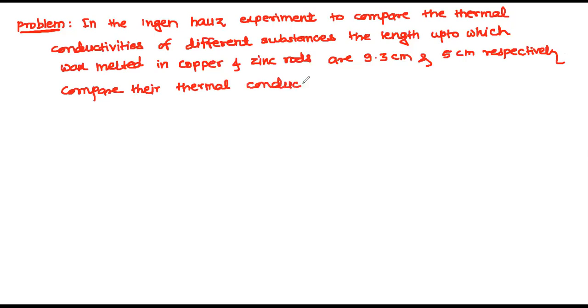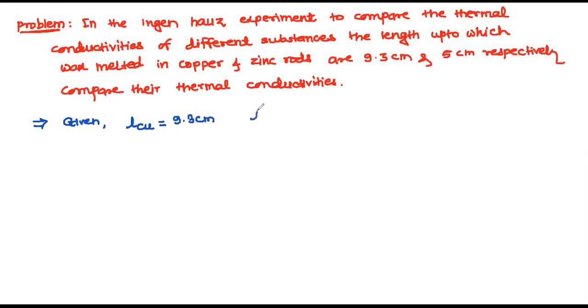This is a very small thing, isn't it? Compare their thermal conductivities. So how will we do it? Hint is not at all necessary for you. So what is given, see. Given length of copper, how much it is, 9.3 centimeter.